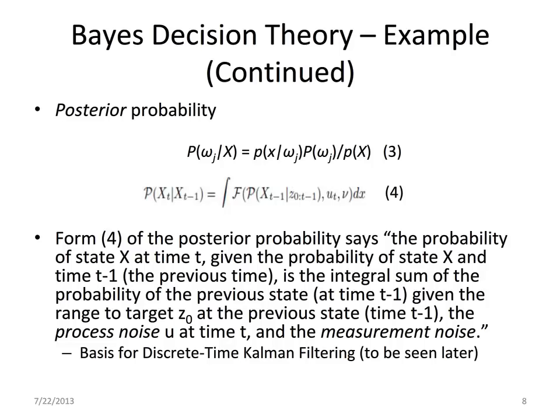So what that means is the integration includes these parameters for the process noise and measurement noise. And that is the basis for discrete time Kalman filtering, which we'll see later.